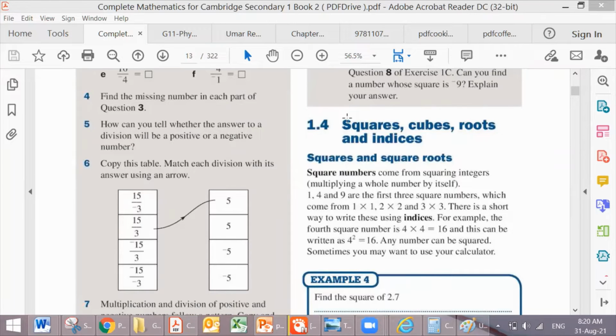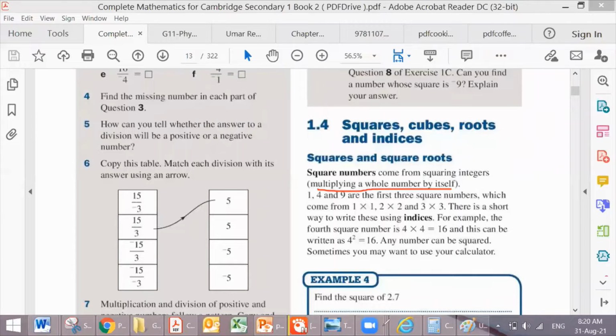I will just explain this to you. Right now, you just need to note down its definition. Do not write it, it is already written. Just keep it in your mind. It is very important, multiplying a whole number by itself.